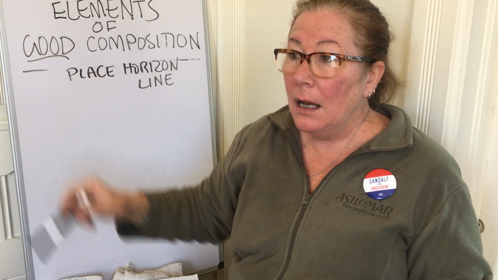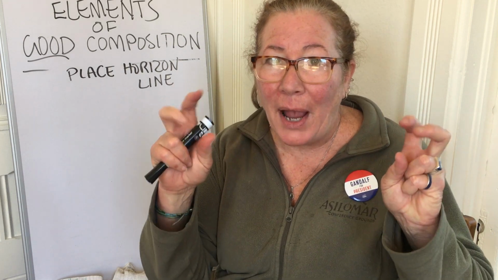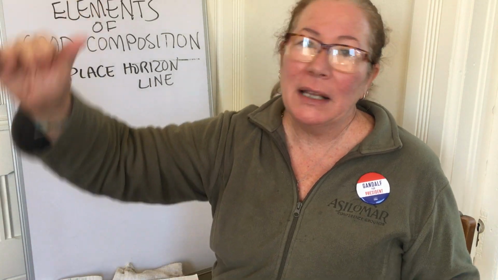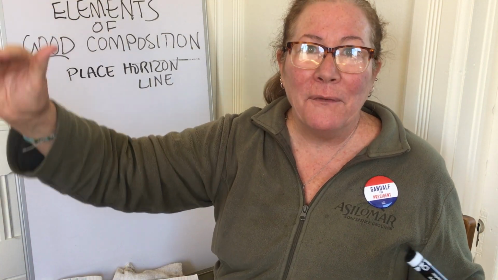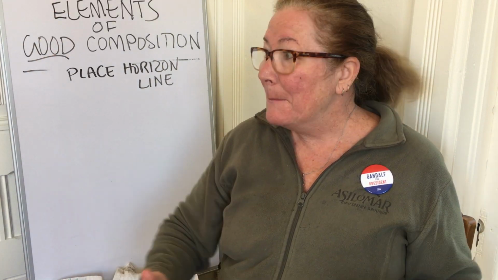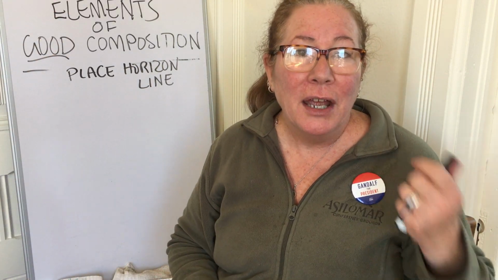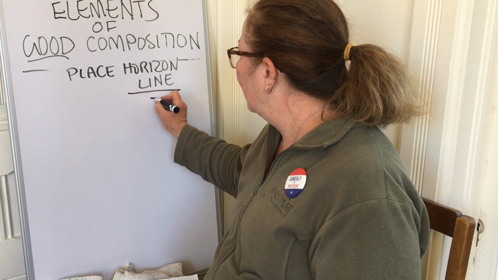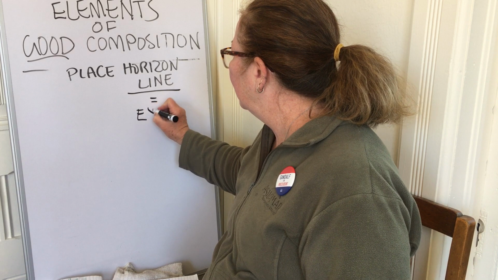It's really an imaginary line, right? We can't see that far to a real horizon. So we're just saying the illusion of where the sky meets the earth or the water is where the horizon is. But nothing could be further from the truth. You know what the horizon line is? The horizon line is your eye level.